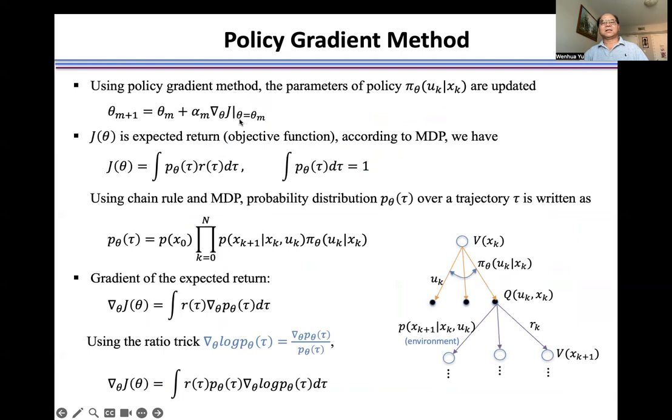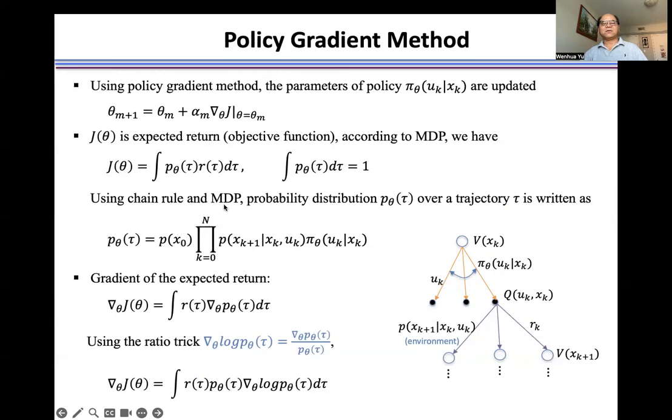Once we get this update, then we can get the new policy parameter. Okay, now let's see. To use the policy gradient, we define an objective function. This is the probability distribution, and this is a reward along a trajectory. Tau is a trajectory.